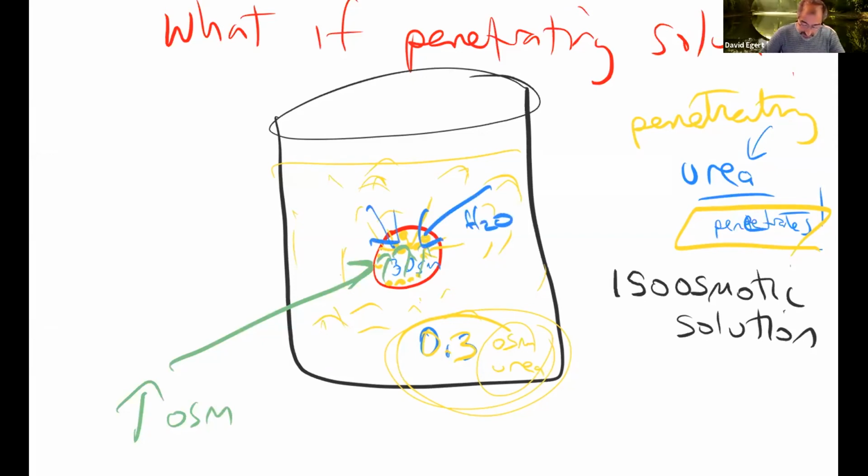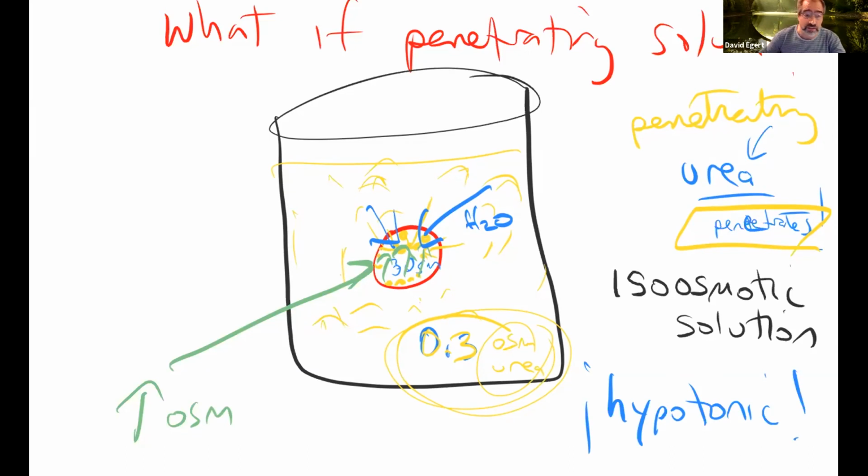So this is actually hypotonic, even though it's isoosmotic. That's where you get that disconnect. It only happens when you're looking at these penetrating solutes, but that's why we have to have them separate.